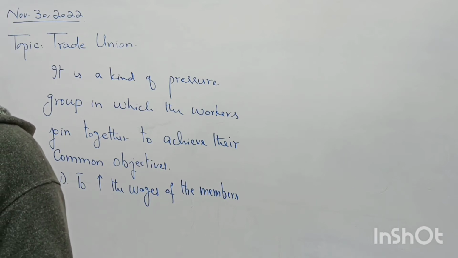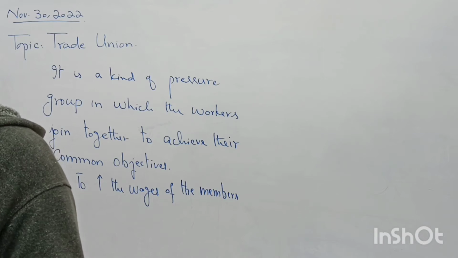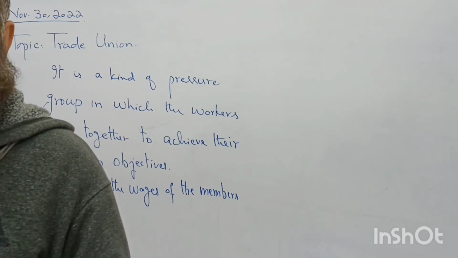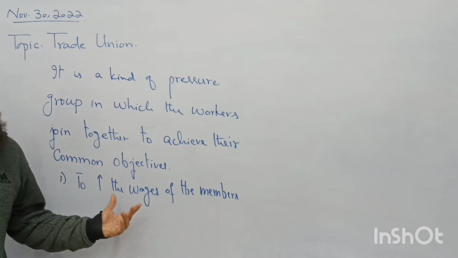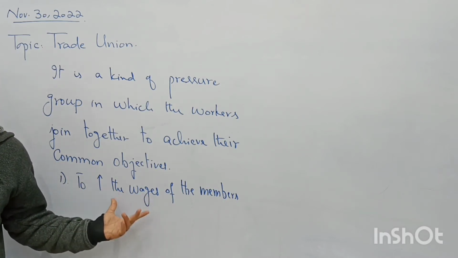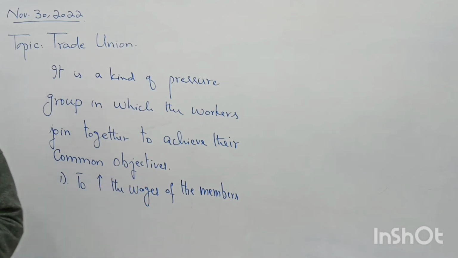Relatively, if a firm has lower wages in the industry, the workers will ask to increase the wages of their members. Follow my point? So there can be different reasons why trade union workers have this important objective in their list of objectives, that the wages of the workers should be increased.